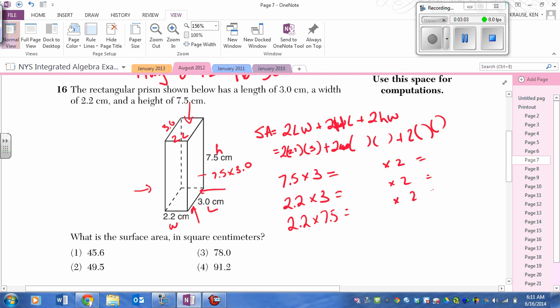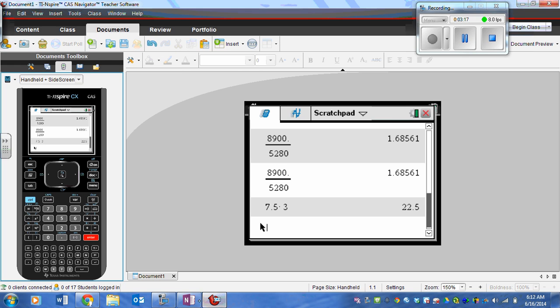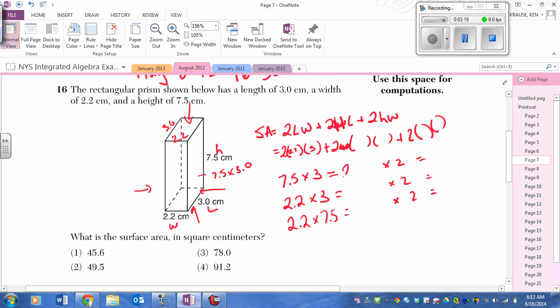So 7.5 times 3 is 22.5, and if I multiply that by 2, I get 45. And 2.2 times 3 is 6.6.